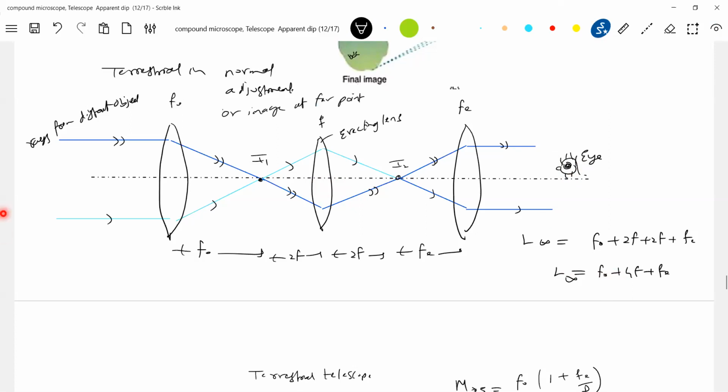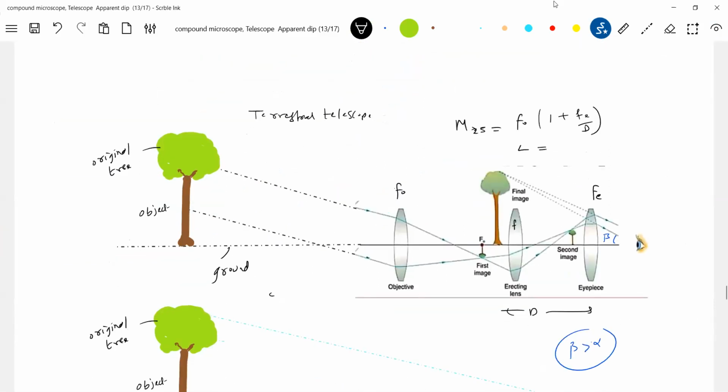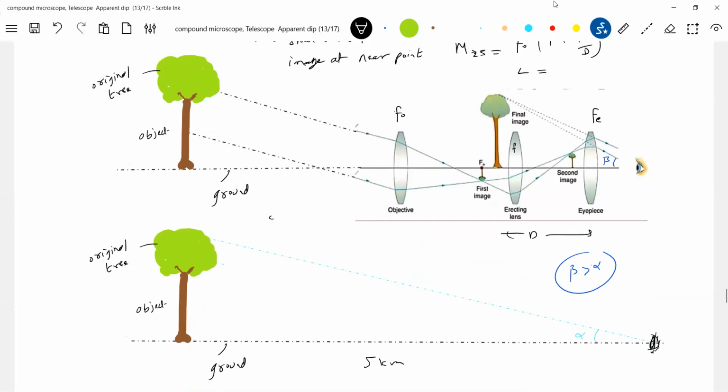So what is the earlier thing here? This is that terrestrial telescope with image at near point. And that is the overall picture of what we are supposed to learn.